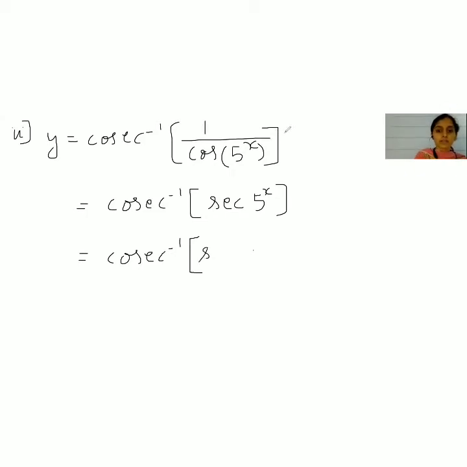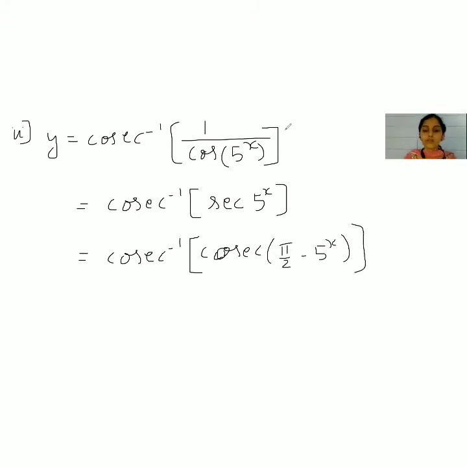So we write this as cosec of pi by 2 minus 5 raised to x. What does this mean?